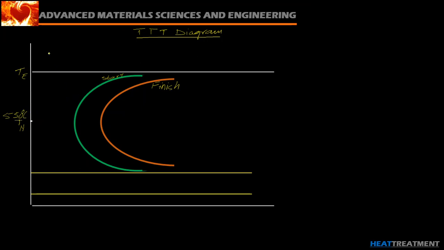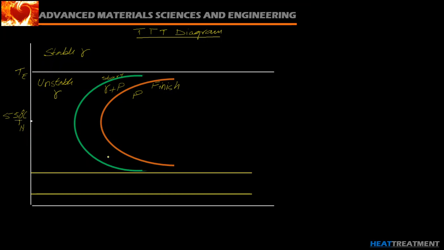Here we have the stable phase of austenite. Here we have the unstable phase of austenite. Here we have austenite plus pearlite, and here we have the pearlite.